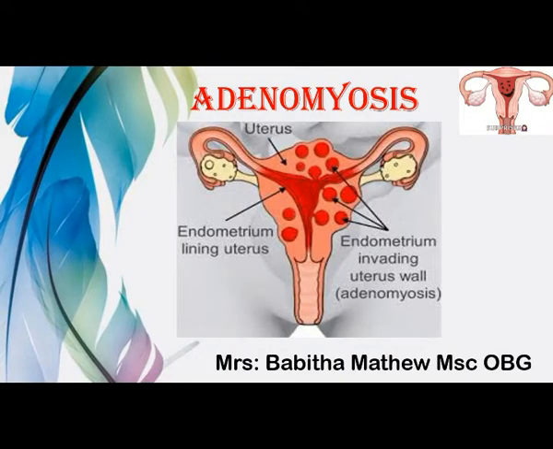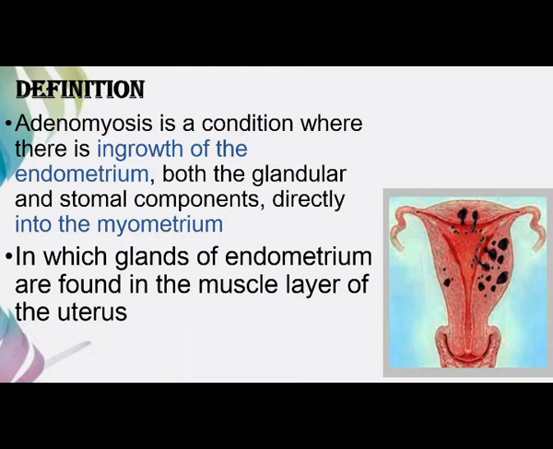Today we are going to discuss adenomyosis. We can see what adenomyosis is. Definition: adenomyosis is a condition where there is an ingrowth of endometrium, both the glandular and stromal components, directly into the myometrium. This endometrium is inside the uterus, the inner layer of the uterus.